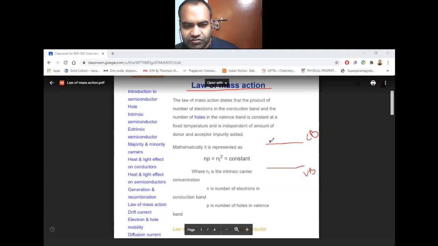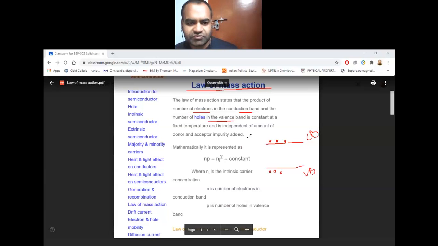In the conduction band there will be electrons, the solid dots, and in the valence band we have holes, which are not solid, but like this. The product of the number of electrons in the conduction band and the number of holes in the valence band is constant at a fixed temperature and independent of donor and acceptor impurity.